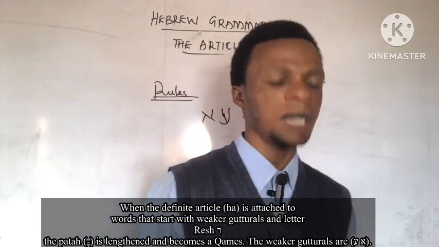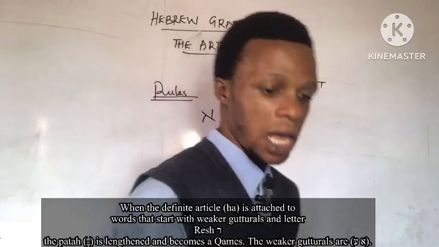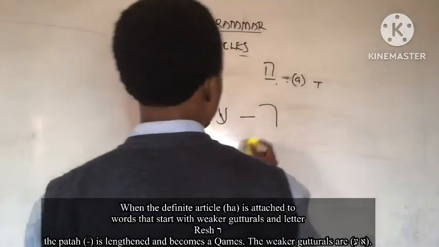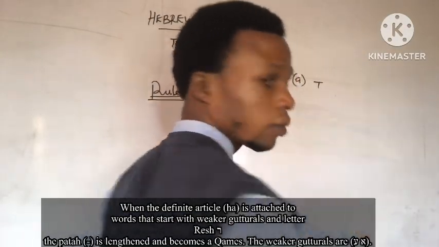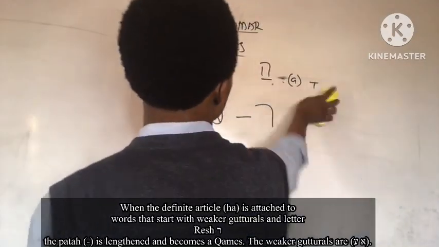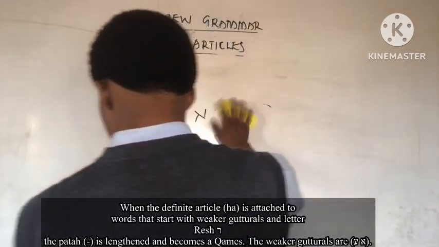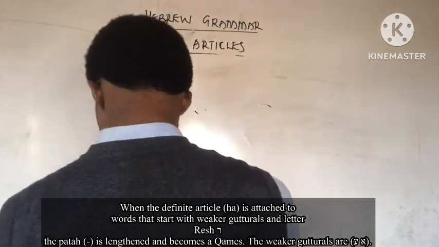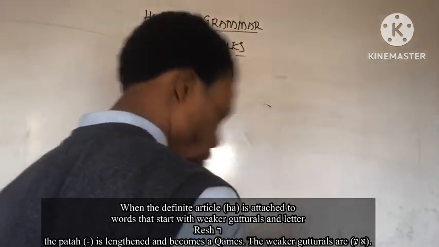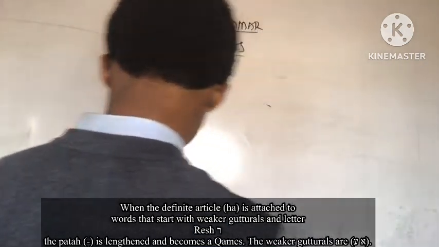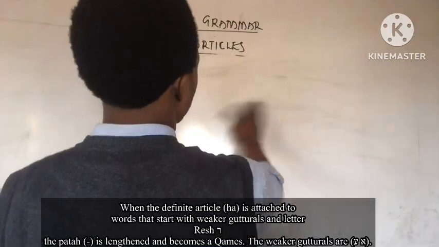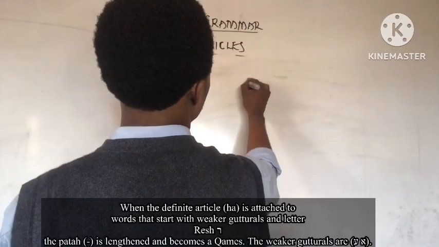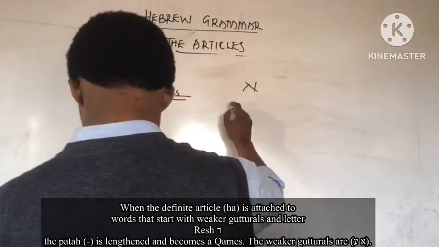Now let's see examples. I have some words that I'm going to use. We have or, which is light.